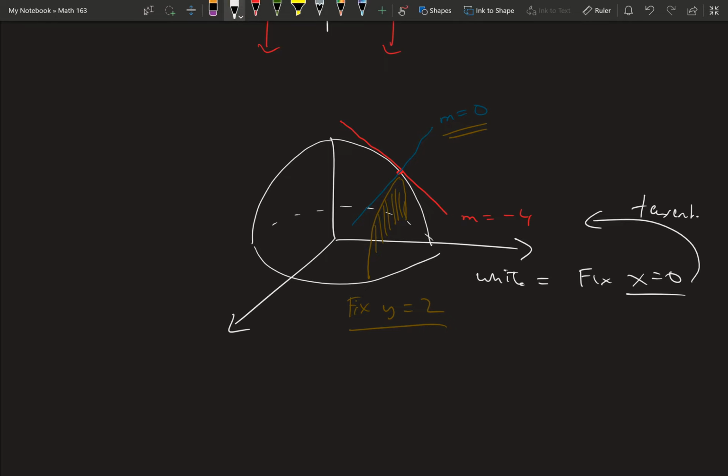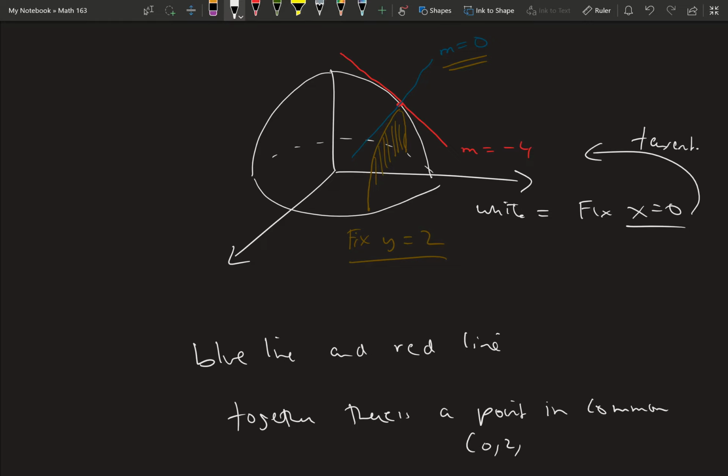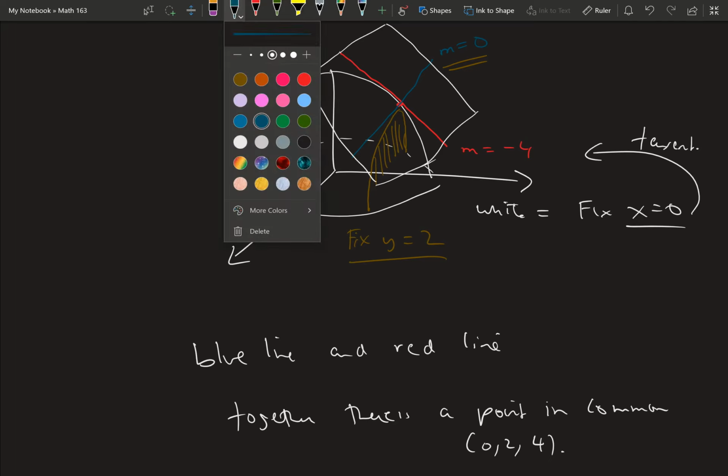If you take the blue line and the red line together, remember they have a point in common, which is of course the base point 0, 2, 4, and the plane that contains them is right here, which I'll shade in blue and red.